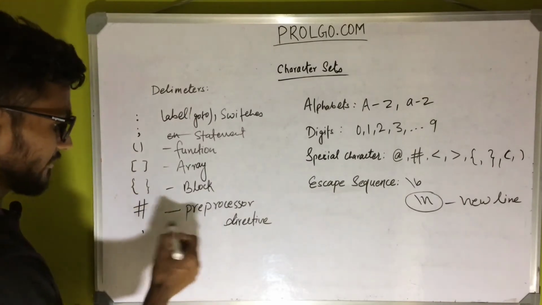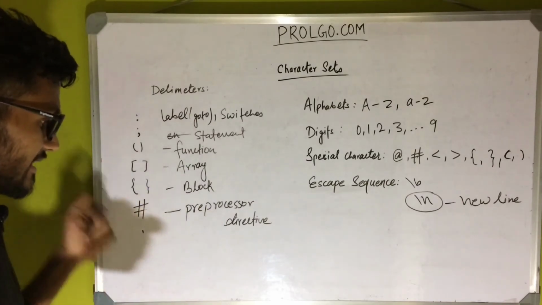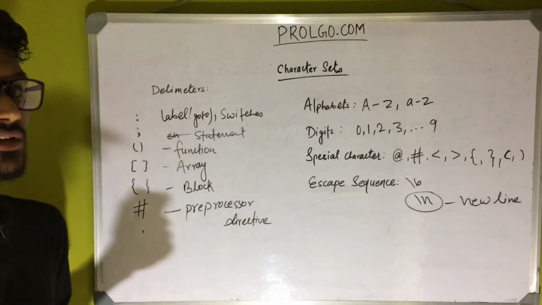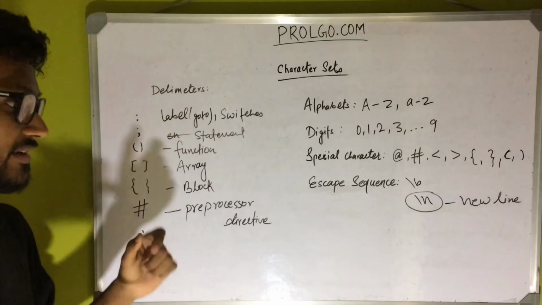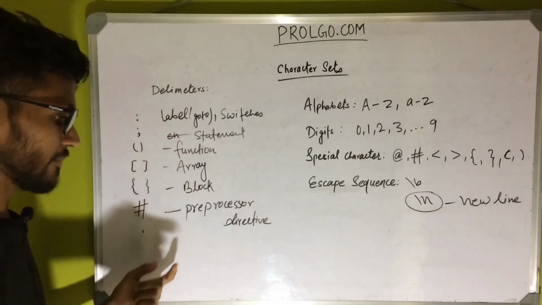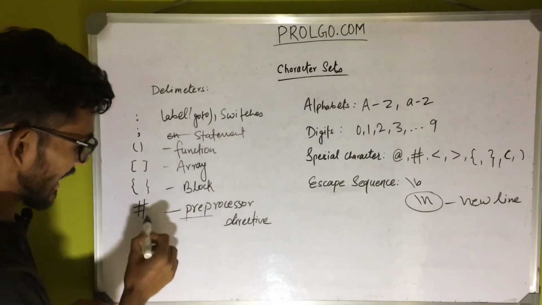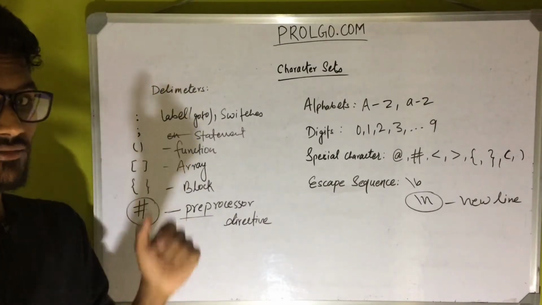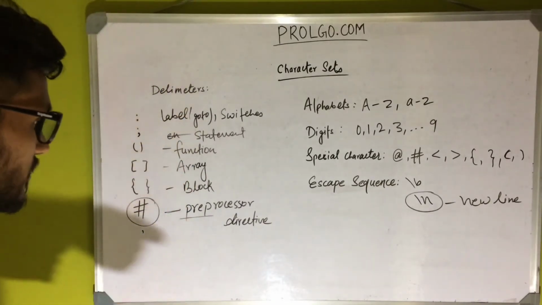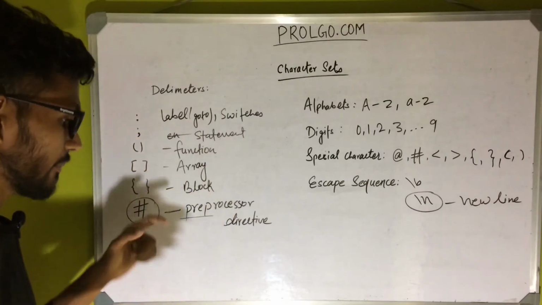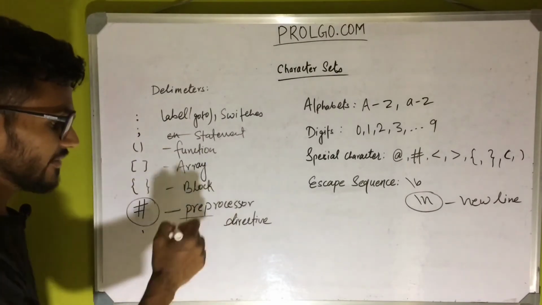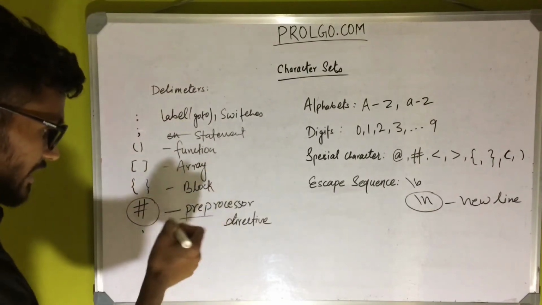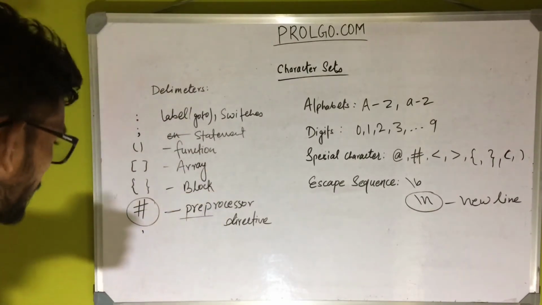What it does is bring in whatever library functions are defined in that header file to your program. So even before running the main function, this line will be executed, and whatever is present there will be available in our program.